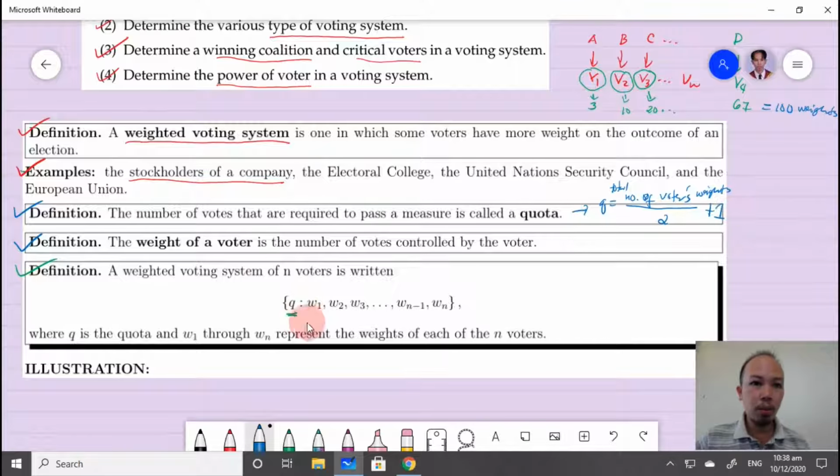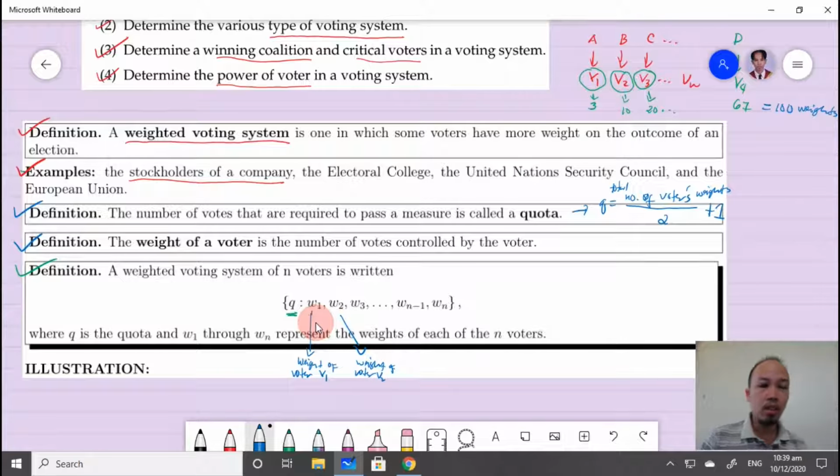So this W1 here is the weight of voter V1. This one here is the weight of voter V sub 2.